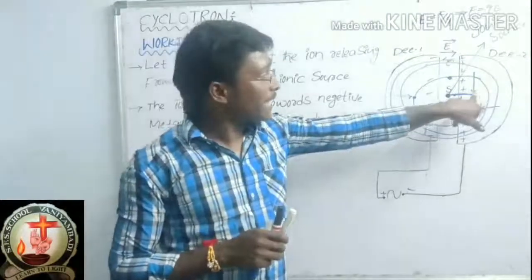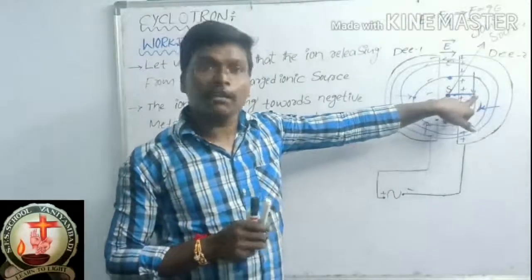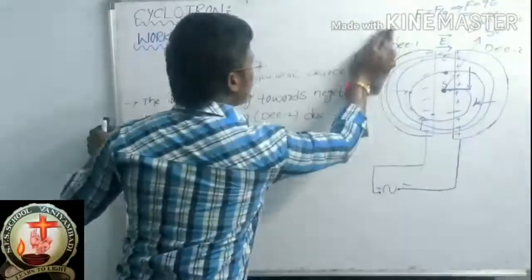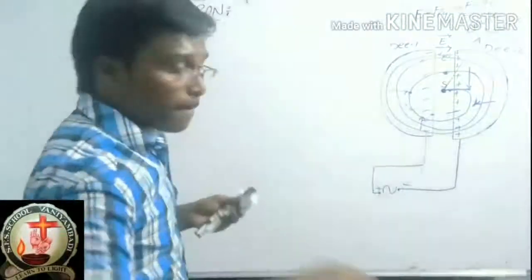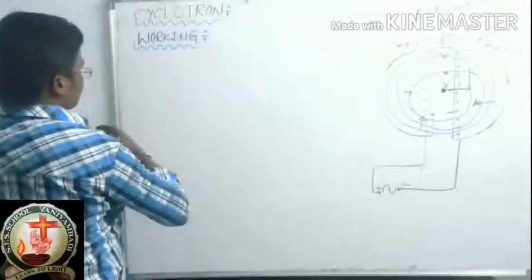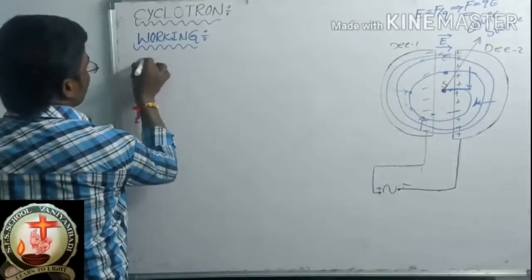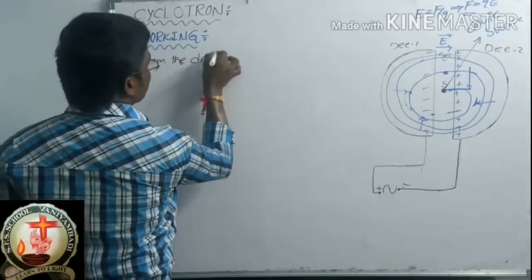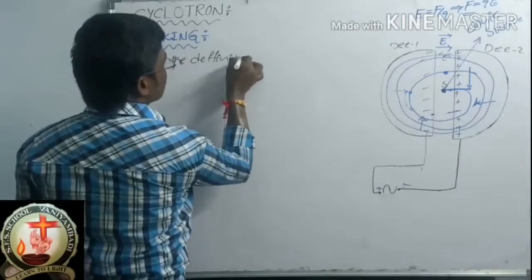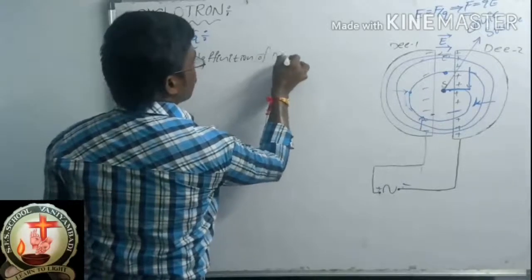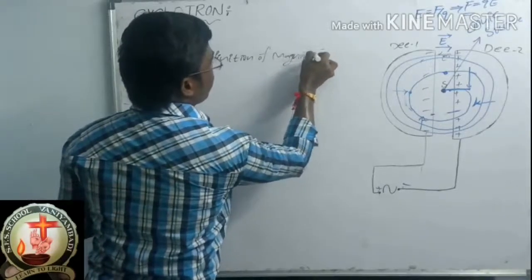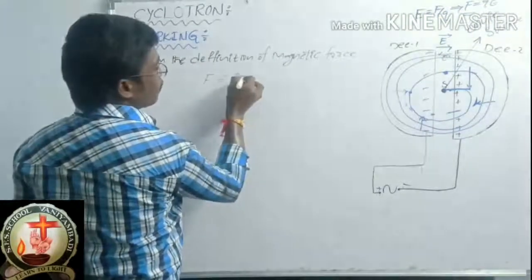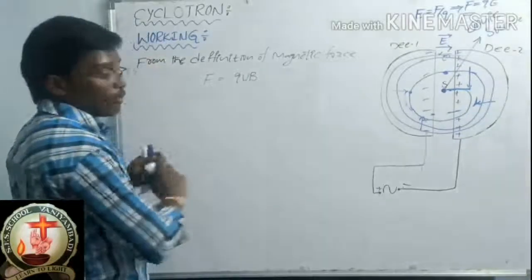So which force is acting here? What is the force here? The magnetic force. From the definition of the magnetic force, F is equal to Q V B. Actually, what is the formula?